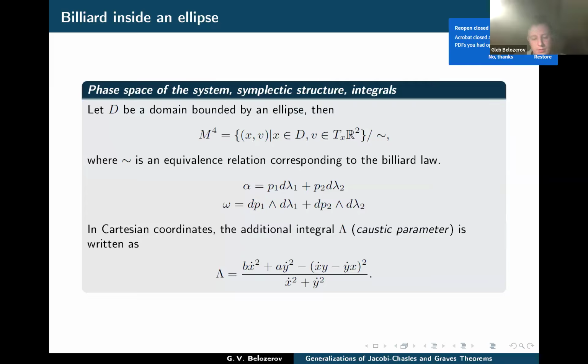P1 moves along the hyperbola given by the equation x squared divided by a minus b plus z squared divided by c minus b is equal to 1, y equals 0. P is the thread tension point. Point P2 moves along the ellipse given by the formula x squared divided by a minus c plus y squared divided by b minus c is equal to 1, z equals 0.